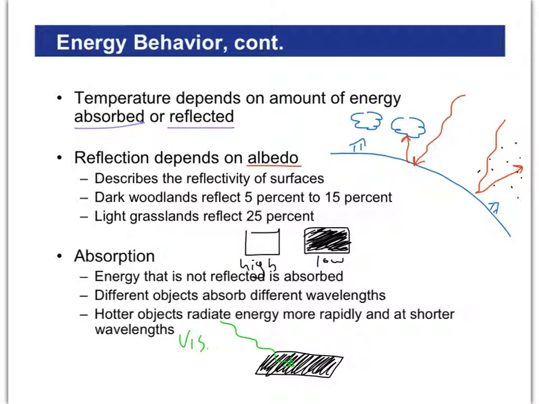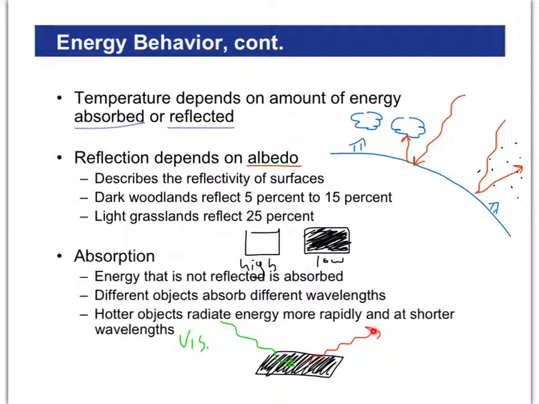That surface may absorb that white light, but that's not the end of it. If a surface absorbs one kind of wavelength, one kind of radiation, it also re-radiates or reflects a different variety. So it can't just keep taking in energy. It takes in one type, but it gives out a different type.